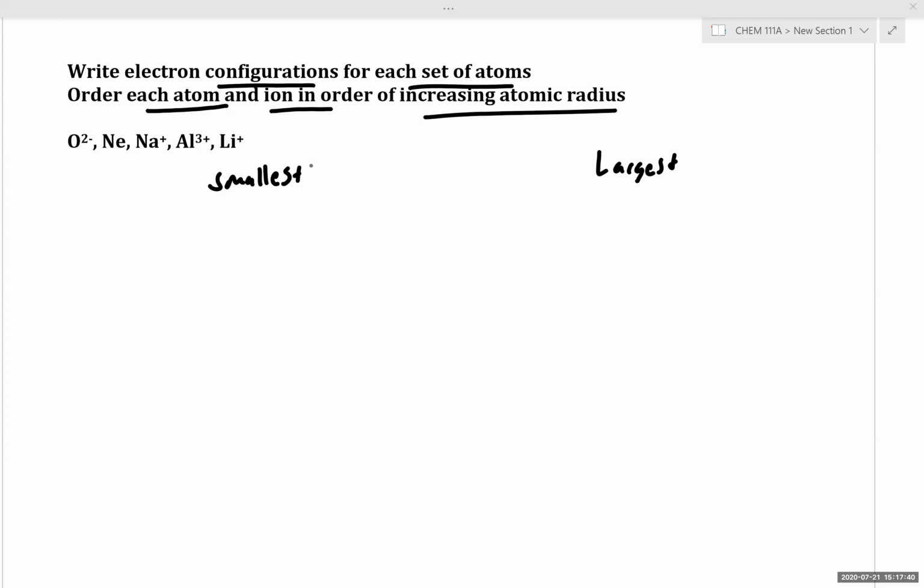So aluminum 3+ is not quite the largest. It's going to be one of the smallest on this list. So anions are larger, cations are smaller.